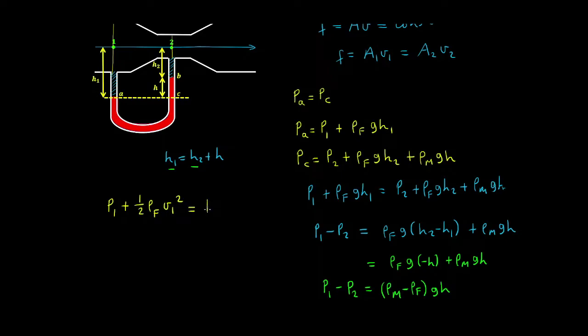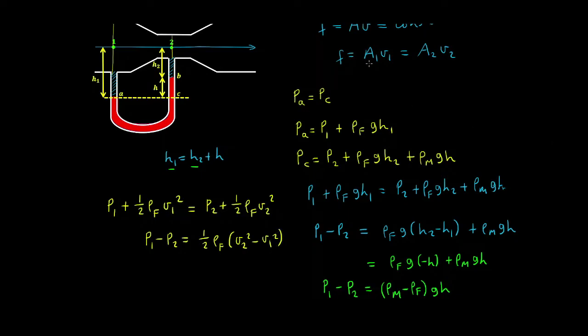That would be equal to P2 plus the kinetic energy at point 2. And therefore, P1 minus P2 is equal to 1/2 rho F, multiplied by the speed at 2 squared minus the speed at 1 squared.